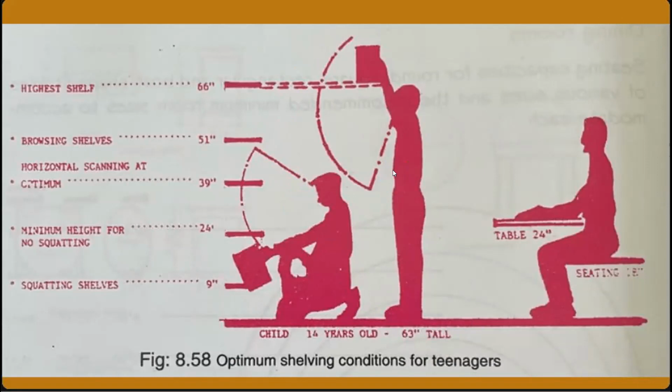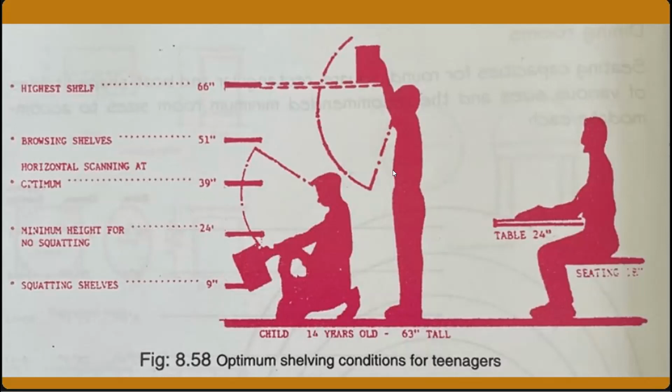And the minimum height for squatting is 24. For squatting shelves, these are the foldable shelves, you can see. So that can be at 9 inches too. You can even create a drawer at 9 inches.